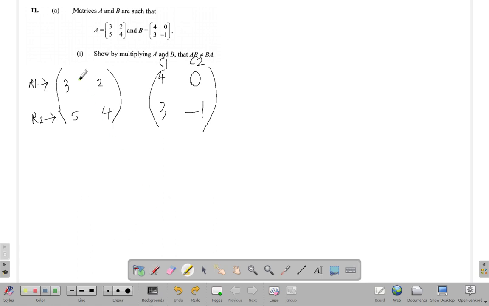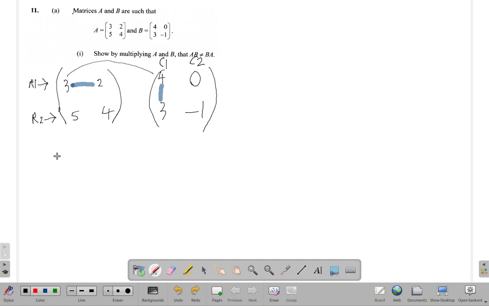you're going to start out with row 1 by column 1. The first element in row 1 times the first element in column 1.